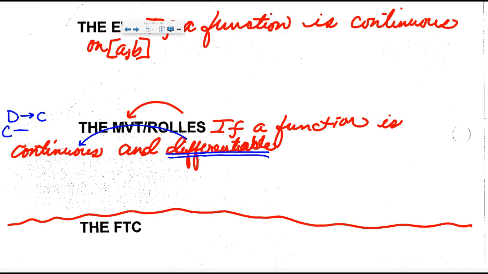Continuity alone, though, does not imply differentiability. A great example of that would be the absolute value function. It is definitely continuous on its entire domain, but it's not differentiable right here. So Diet Coke, if they tell you a function's differentiable, you get to state, because h is differentiable and therefore continuous, you get to state that in your argument.